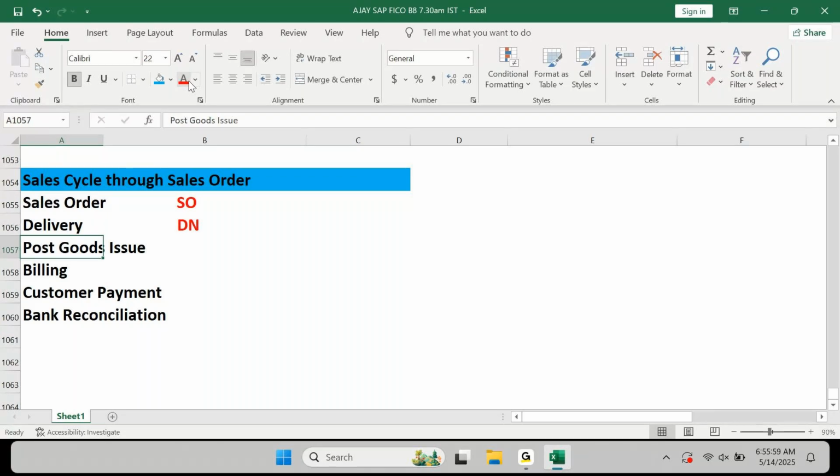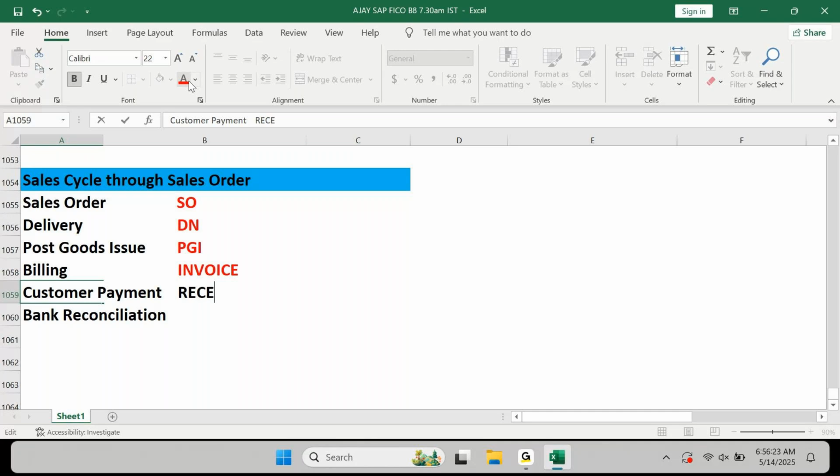Post goods issue, what can I write? PGI. Billing, can I write invoice? Billing is nothing but invoice. Customer payment is nothing but receipt. This is what? BRS.